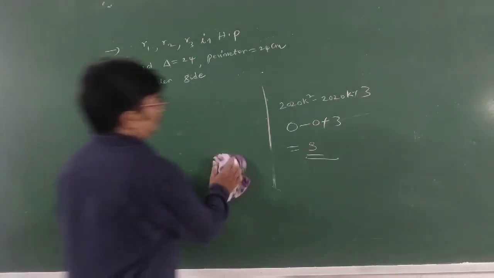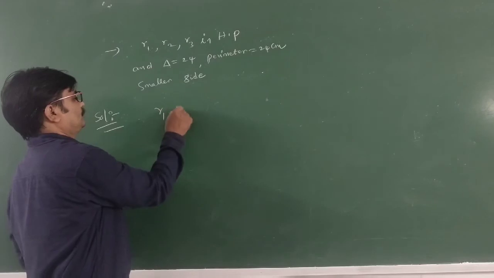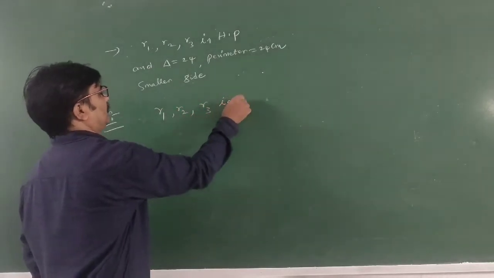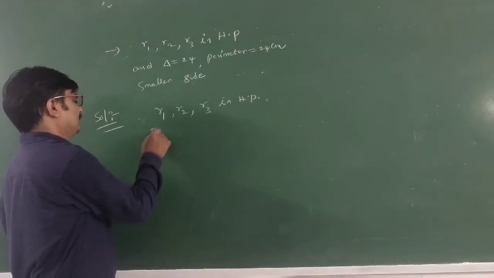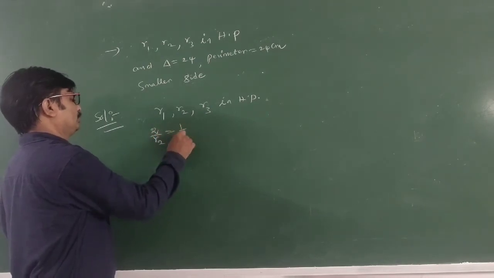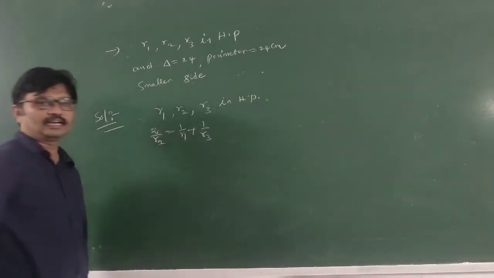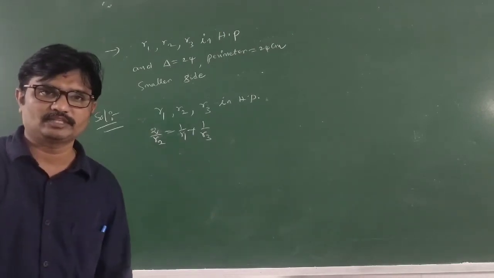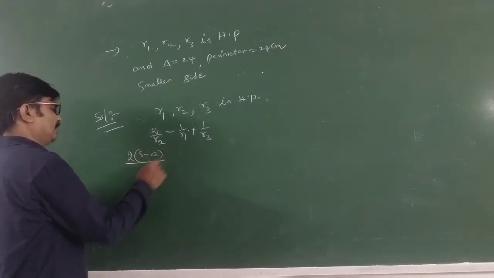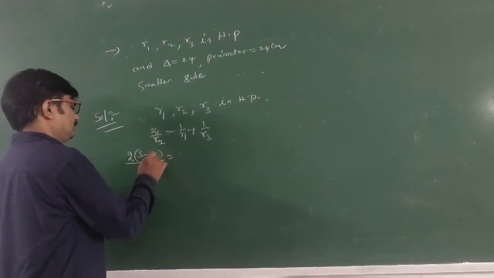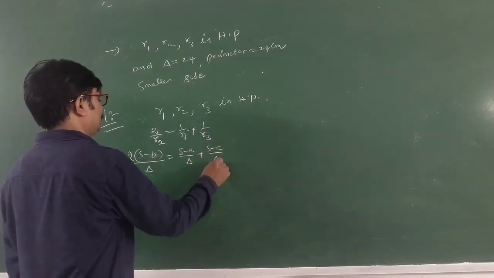So what is given: r1, r2, r3 are in HP. We know that if r1, r2, r3 are in harmonic progression, then 2 by r2 equal to 1 by r1 plus 1 by r3. r1 is delta by S minus A, r2 is delta by S minus B, r3 is delta by S minus C. This is 2 into S minus B by delta equals S minus A by delta plus S minus C by delta.